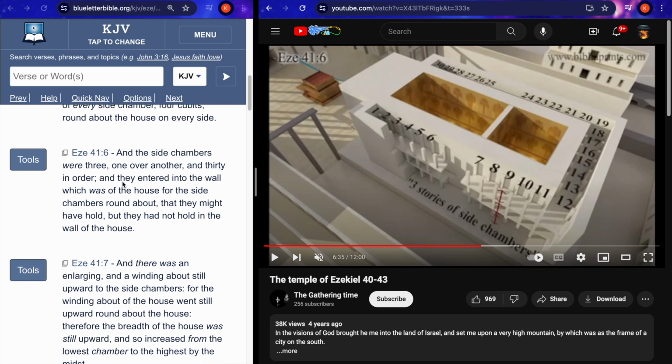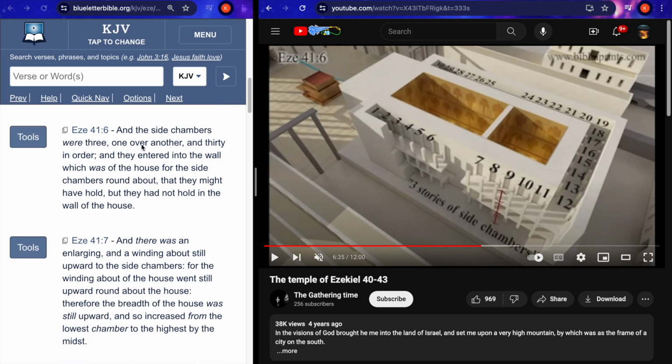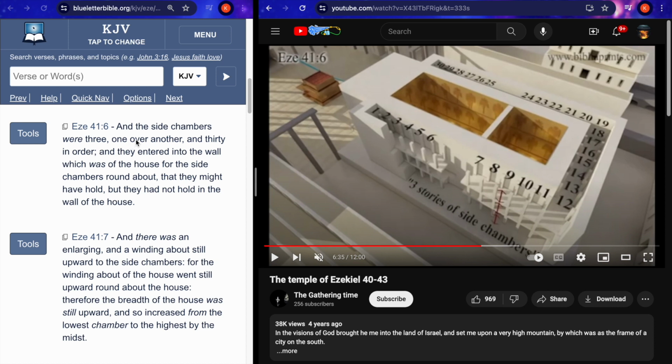And the side chambers were 3, one over another. And as you can see, he's put it almost like 3 stories, right? One layer down here, one layer over here, one layer over here. One over another, and 30 in order. So as you can see, counting from this side, because it says it was roundabout, if you had one over here, you would go all the way across to the end over there, which is 30.